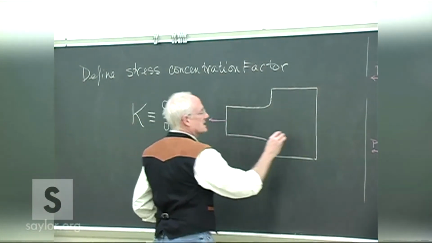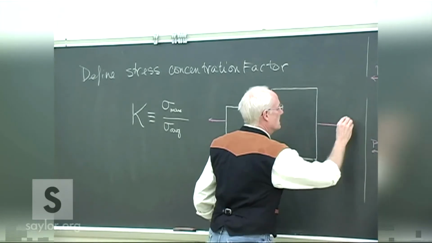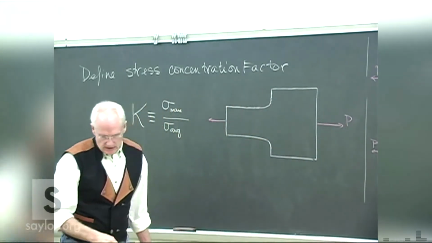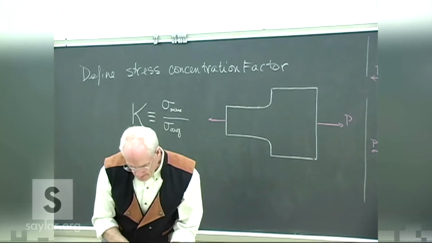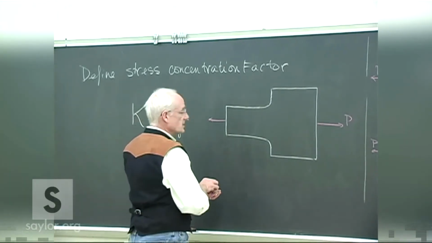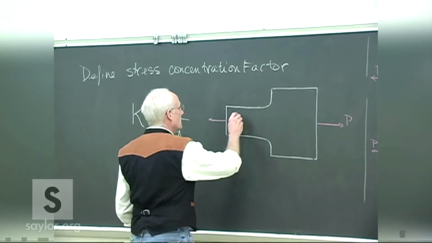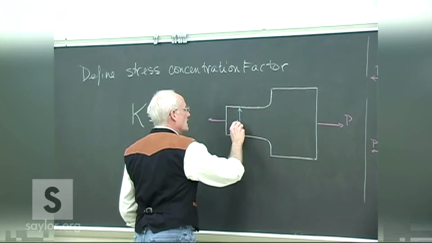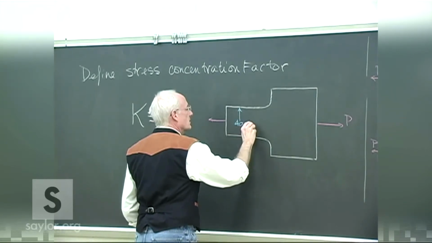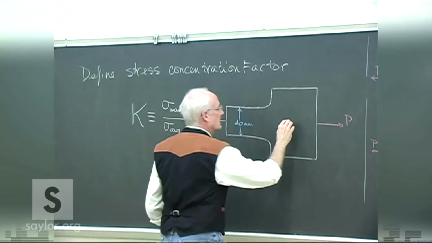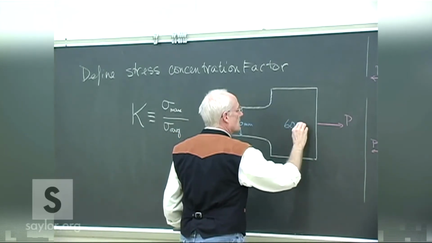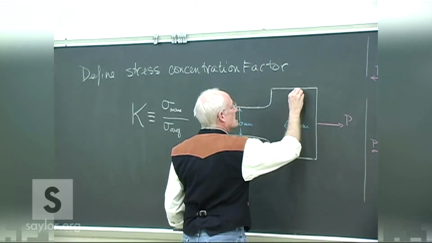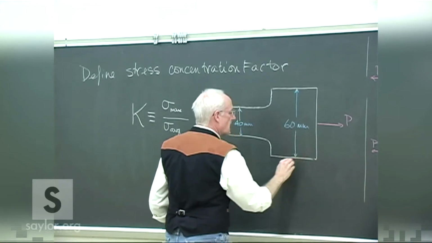So imagine we've got some part like this, or some subpart of some machine like this under some kind of load, and the dimensions are 40 millimeters across the minimum width, 60 across the maximum.